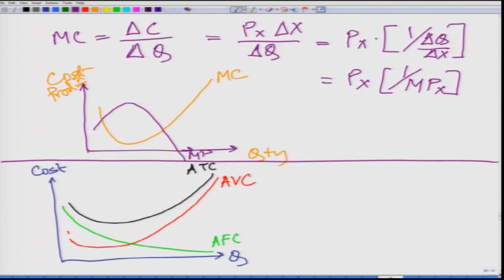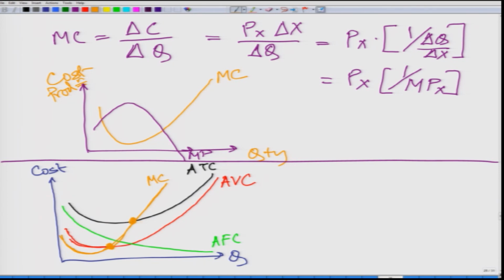Yeah, and my marginal cost curve, what color shall I take? I can take this orange one. The marginal cost curve should be something like this. This is my marginal cost curve, which will intersect the average variable cost and average total cost at their minimum points.